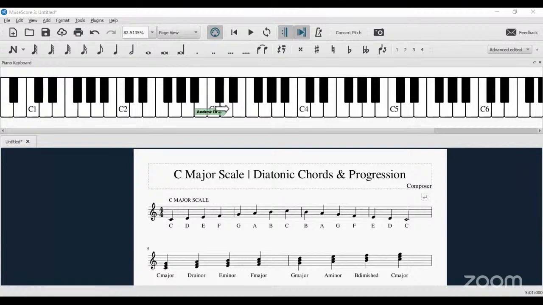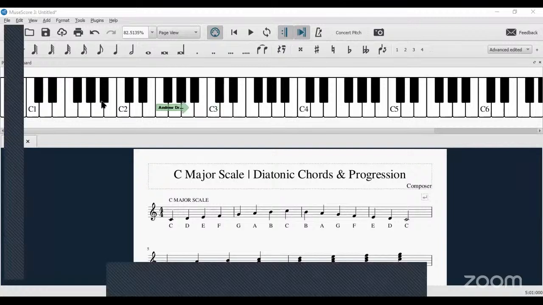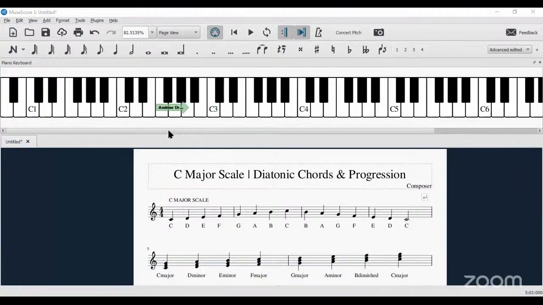And also, if we wanted to go from D to E, we have to pass over this black key. So essentially, once you are skipping over another key, it is a whole step, because two halves make one whole. Think about having an orange. Two halves make one whole.